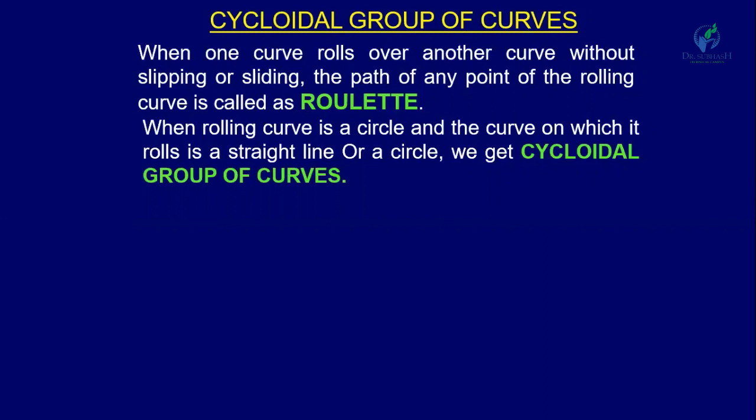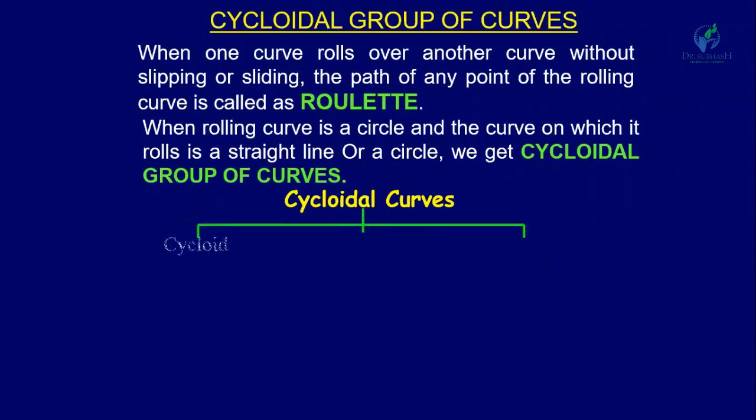If the rolling curve is a circle and it rolls on either a straight line or a circle, then the path of any point on that rolling curve is known as a cycloidal group of curve. Now, classification of cycloidal group of curves.